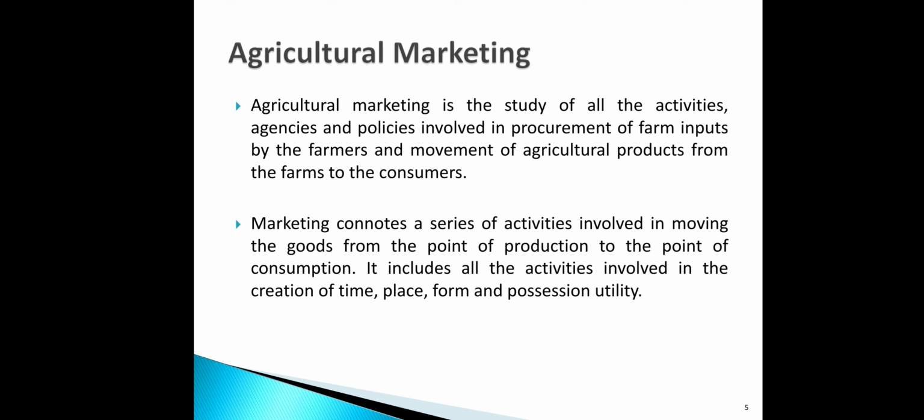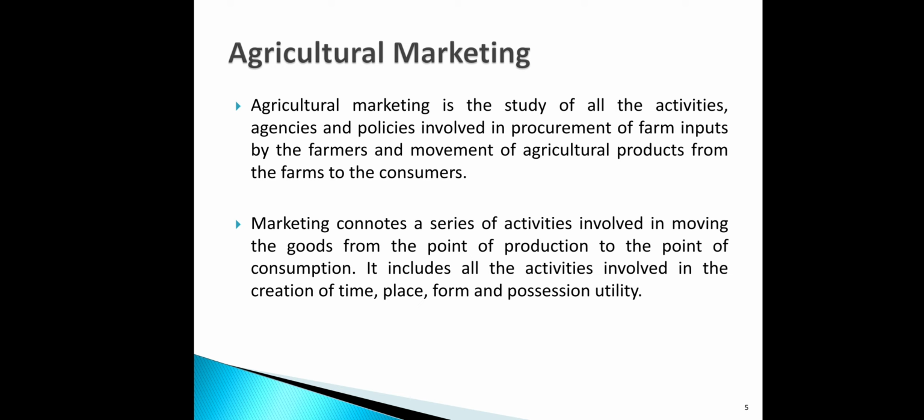Then the next term is agricultural marketing. So now we are looking towards our main definition, that is agricultural marketing. As I told you, agricultural marketing is a combination of two terms. The first one is agricultural and the second one is marketing.